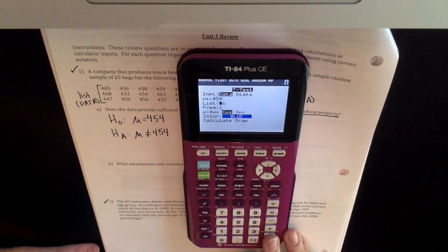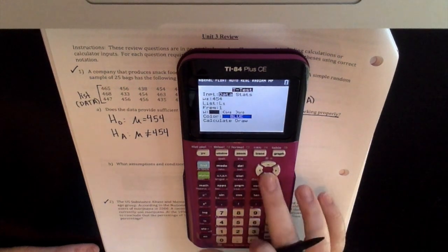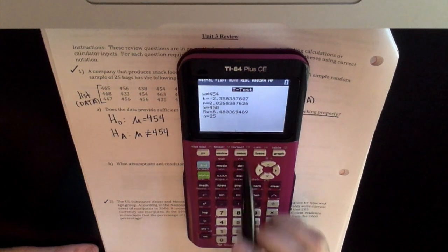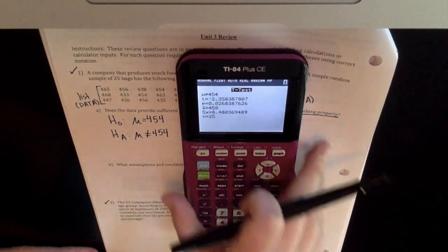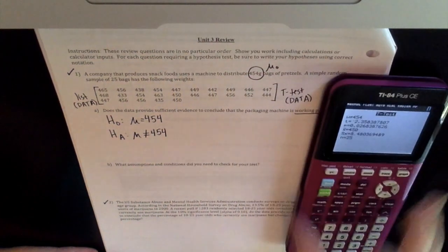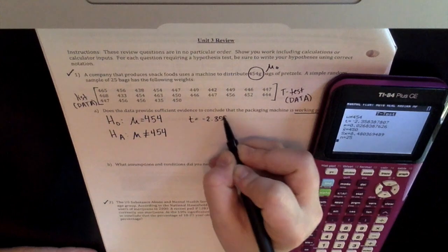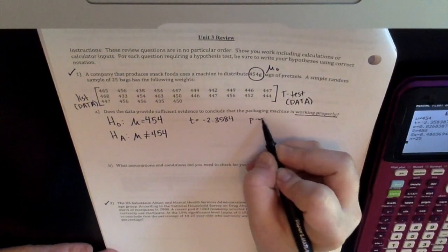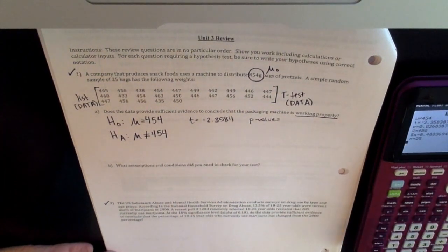Our data is in list 1, and we would like to select not equal to, and then hit calculate, okay? So I'm going to go ahead and round this out to negative 2.3584, so t equals negative 2.3584, and my p-value, which I have right here in the calculator, is 0.0268.